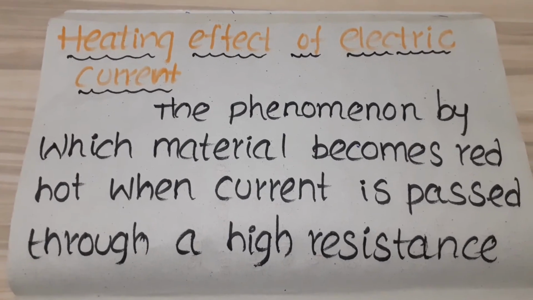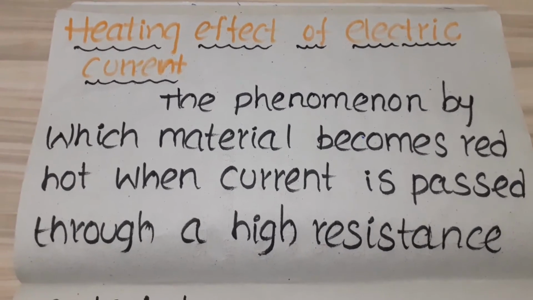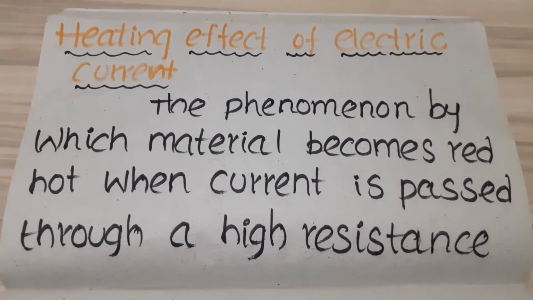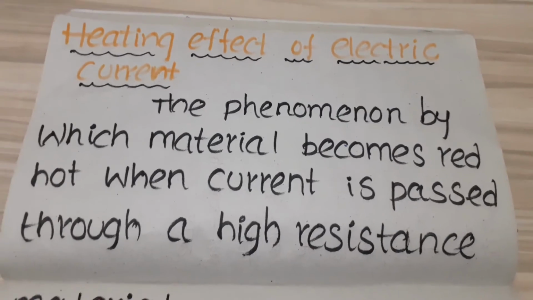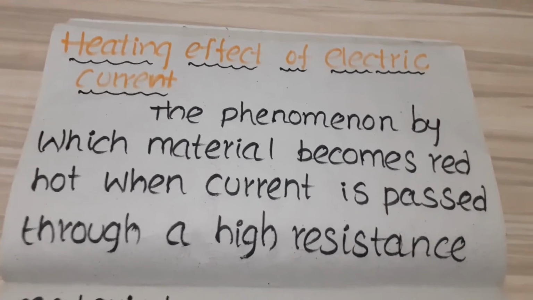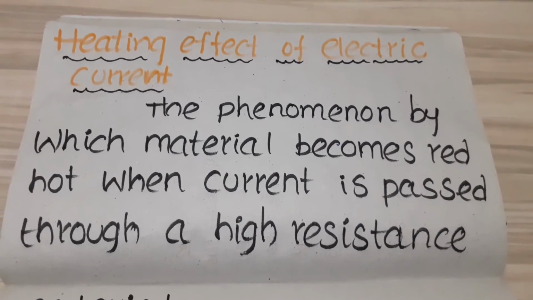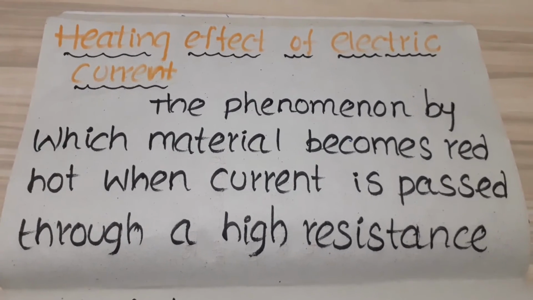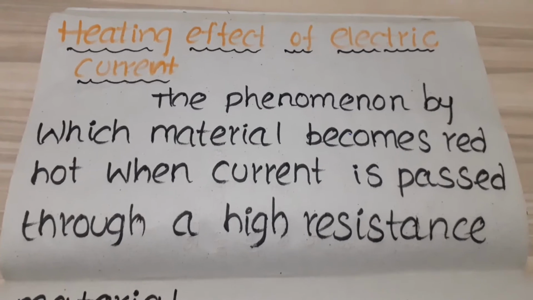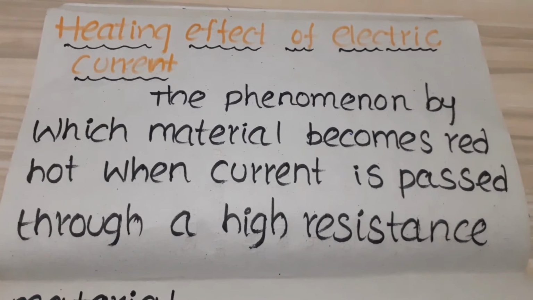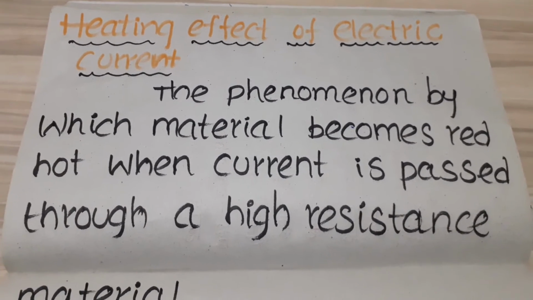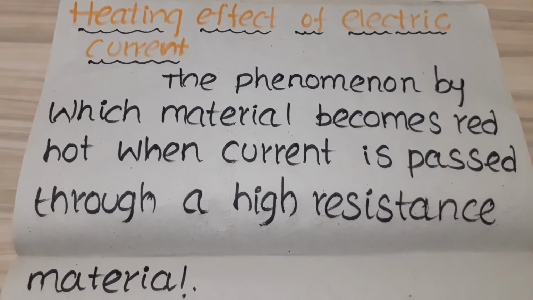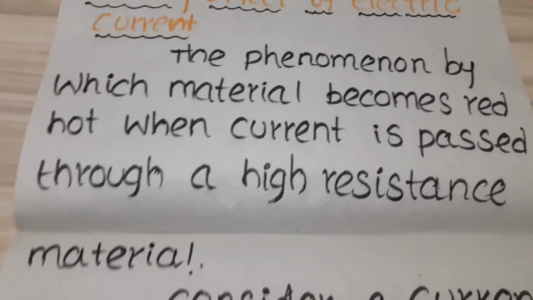Next topic, heating effects of the electric current. When electric current is passing through a conductor, the conductor exhibits some amount of heat. We are discussing this effect. The phenomenon by which a material becomes red hot, meaning it gets some heat, when current is passed through a high resistance material.